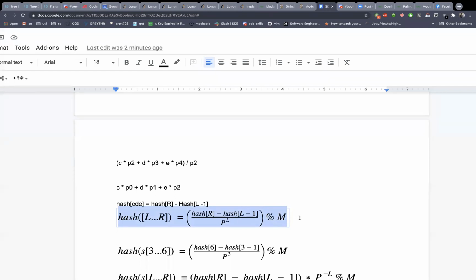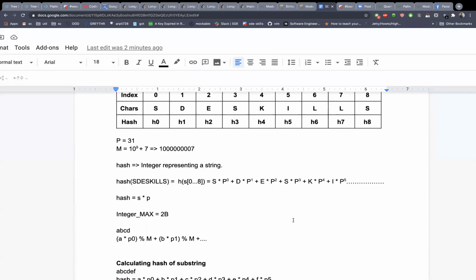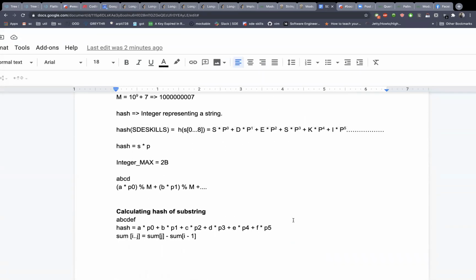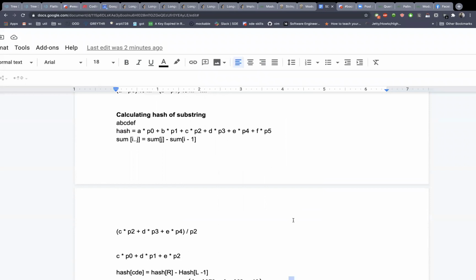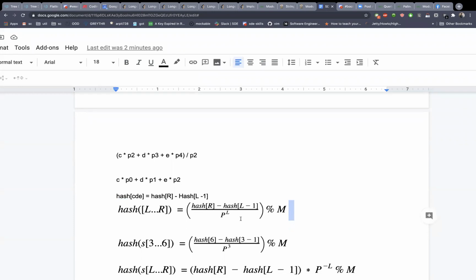But the complication starts because, to avoid overflow, we are not storing the actual values of hash in our array. Instead, we are storing the moduloed value. So this formula cannot work in the straightforward way, because hash R and hash L minus 1 are moduloed values, and you cannot simply divide them by P raised to L. Otherwise, it will result in an incorrect answer.